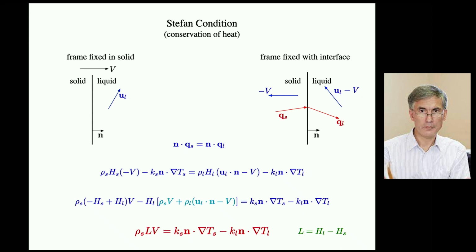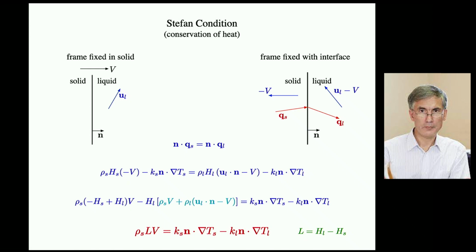If I take a frame of reference that's fixed in the solid, then there's no motion of the solid, but I might have fluid motions in the liquid region, UL. This is a slightly difficult picture to analyze because it's not a steady picture. If I looked some time later, this interface will have moved.